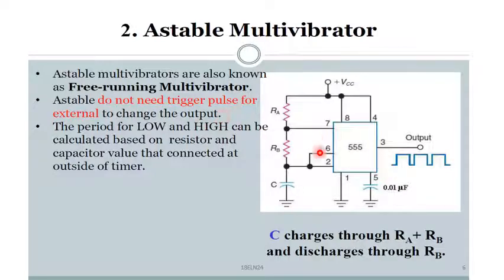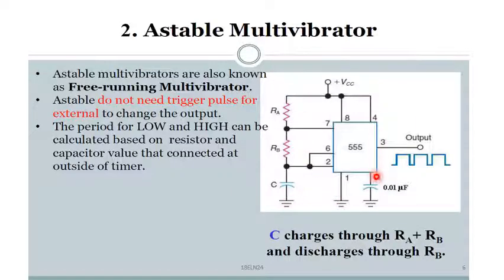So you are not applying any trigger input here. The period for low and high can be calculated based on the resistor and capacitor values that are connected outside the triangle. So here the on period and the off period, that is low and high, can be calculated based on these 2 resistances and 1 capacitor.